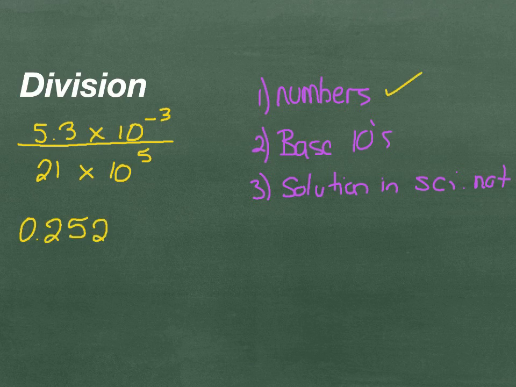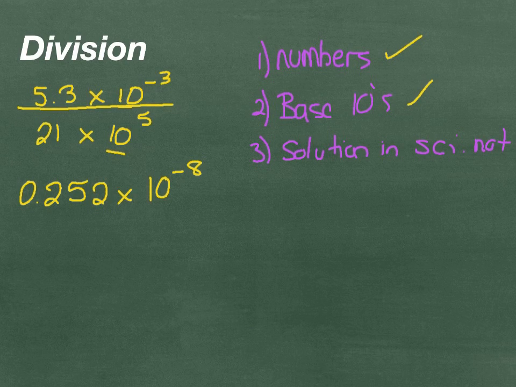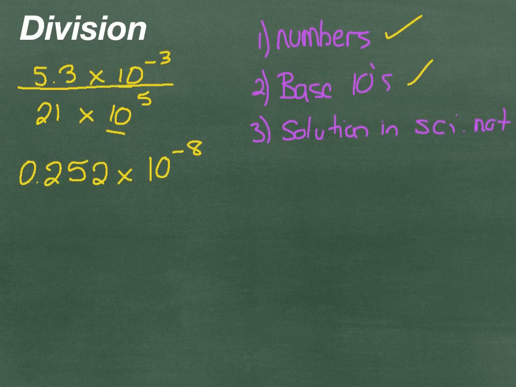Now let's look at our base 10s. We are subtracting our exponents because we have the same base 10. We do minus 3, or negative 3 minus 5, and negative 3 minus 5 is just negative 8. So base 10s are done. Now, our solution needs to be in scientific notation. Is it in scientific notation right now? It is not, in fact.